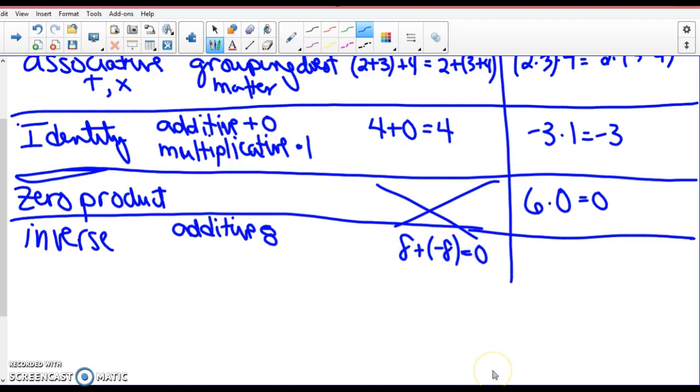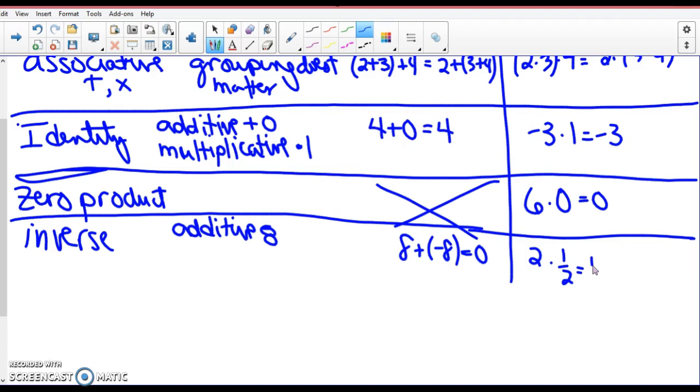What are 8 and negative 8 called compared to each other? Yeah, when you add a number to its opposite, you always get 0. That is the additive inverse. And the multiplicative inverse is this: 2 times 1/2 gives me 1. What are 2 and 1/2 called compared to each other? Correct. The multiplicative inverse is when you multiply a number by its reciprocal, you will always get 1.